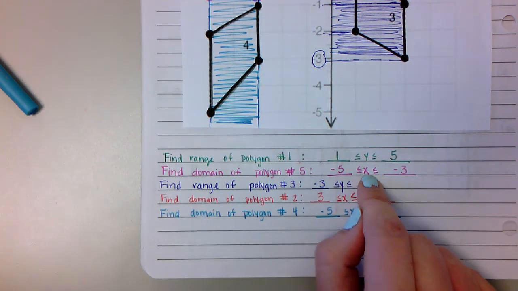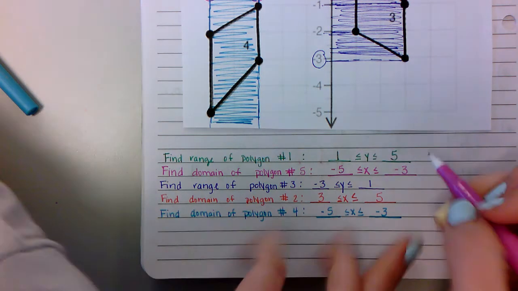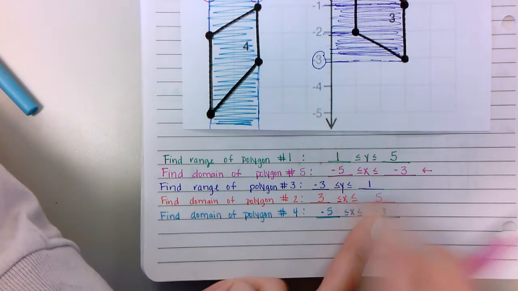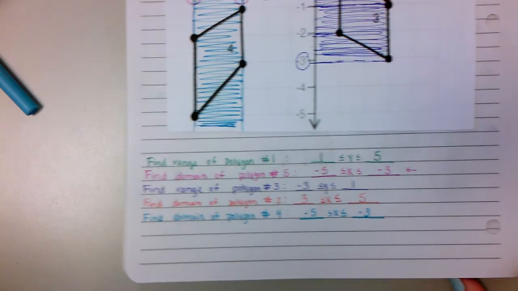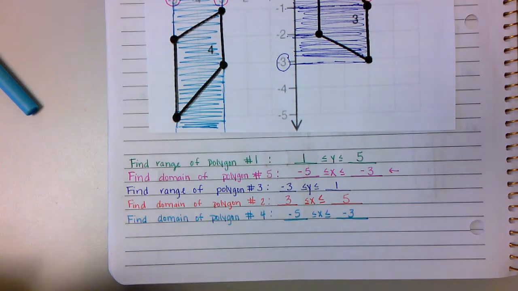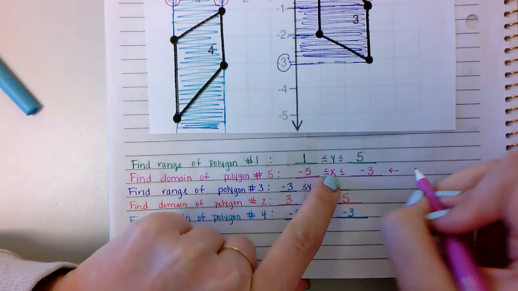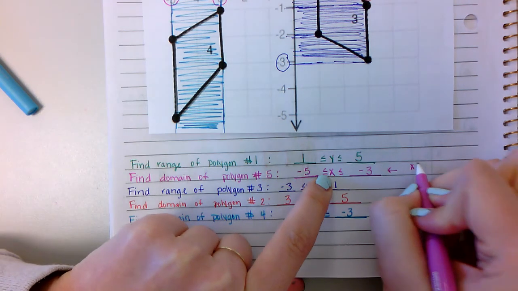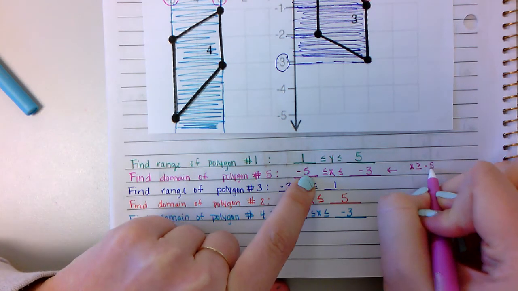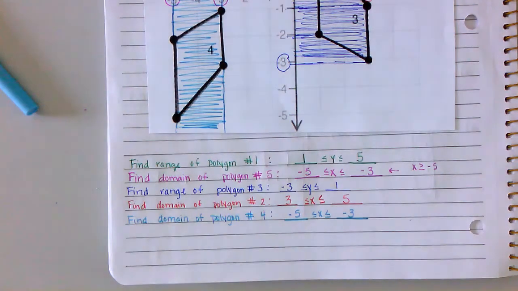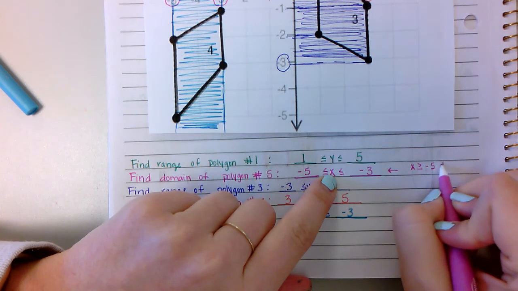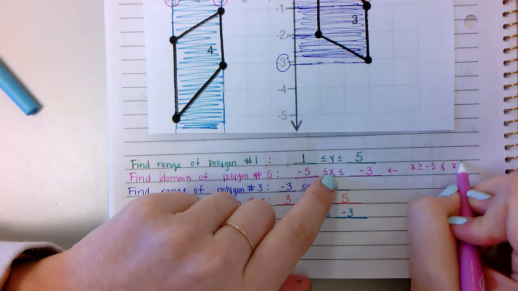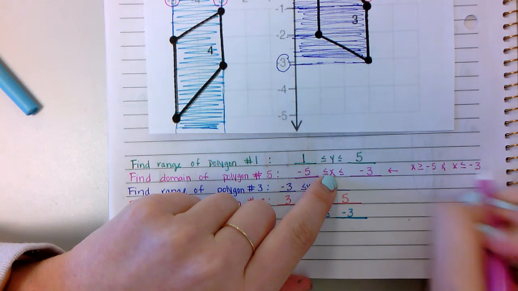And another way that you could write this, so for example, I'm just going to show you this. This notation is just a simple way of writing two different sets all together. So this is x is greater than or equal to -5, and this one is x is less than or equal to -3.